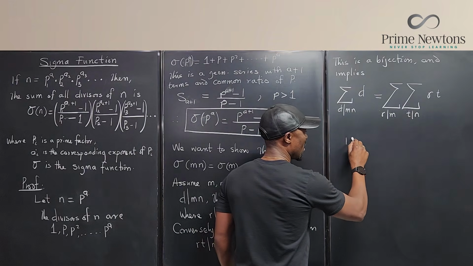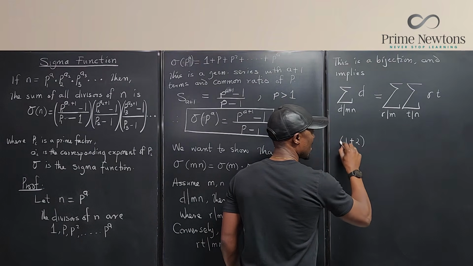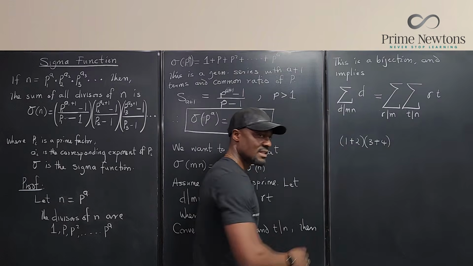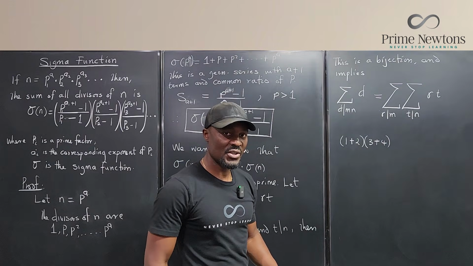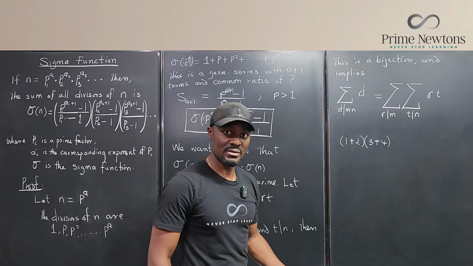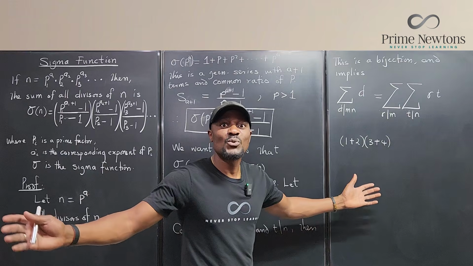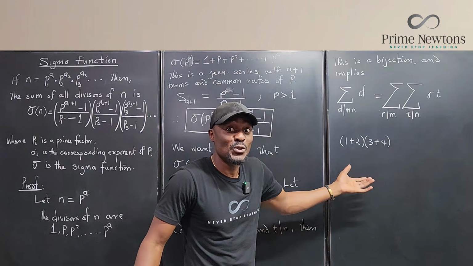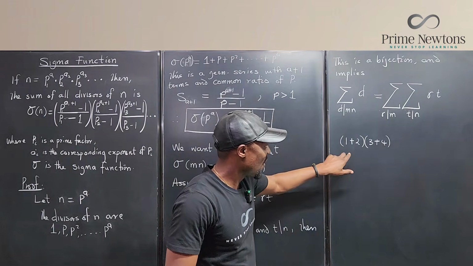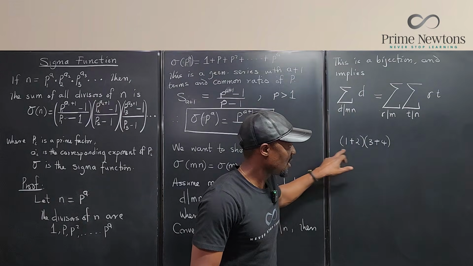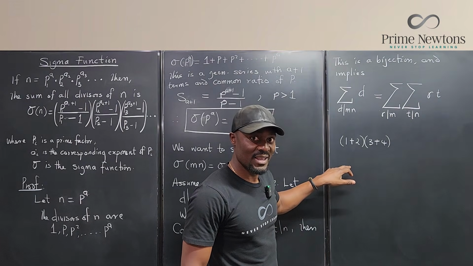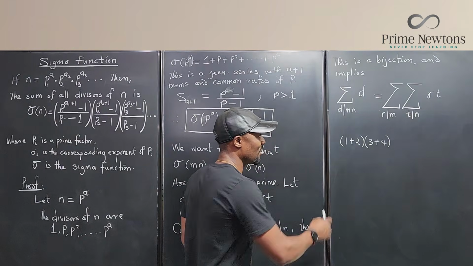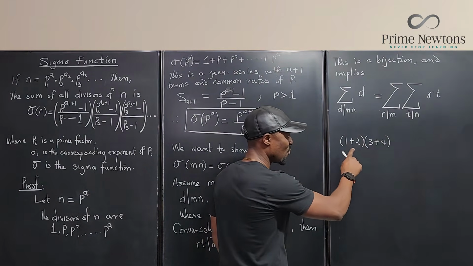If I said 1 plus 2 multiplied by 3 plus 4, is this a sum of products or is it the product of sums? It is whatever you call it. It depends on what you choose to do first. Right now, this is going to be the product of sums, but it could actually be the sum of products. For example, if you distribute, what is 1 times 3?